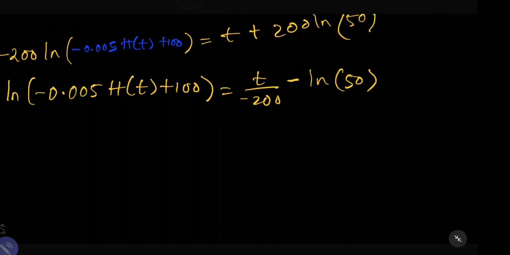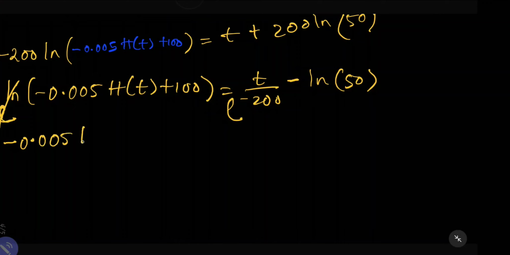So the next thing we do is apply our exponent so that our natural log goes away. So now we have exponent of this and exponent of this. So the exponent of this removes our natural log.